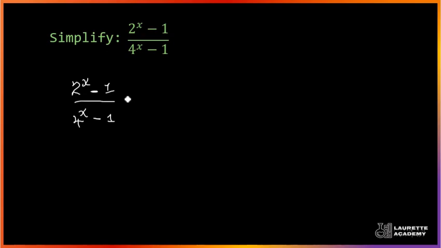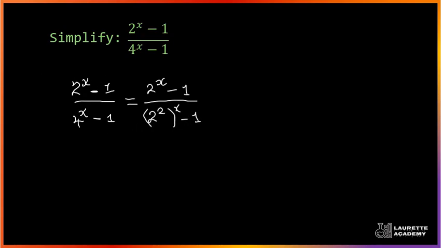Why? Because we can rewrite this expression as 2 to the power x minus 1 divided by 2 squared, since 4 is 2 squared, all to the power x minus 1.